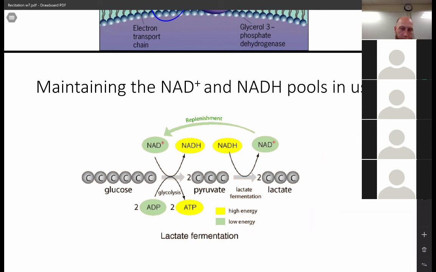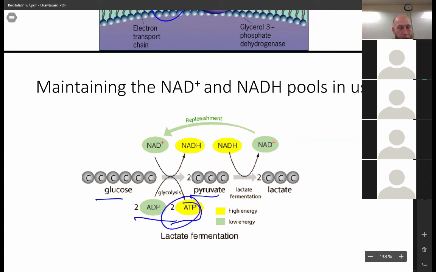And so this slide is just illustrating how that works. You start with glucose, and then you go through glycolysis, producing your NADH, your reduced NAD. But you want to get back that NAD plus so that you can keep reducing the NAD plus to NADH, so that you can maintain getting ATP out of glycolysis.